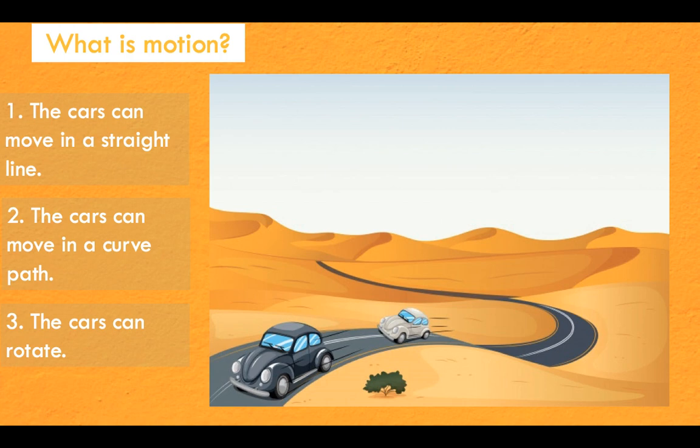All of these movements refer to us as motion. Motion is a change in the position of the object. Position here means the location of the object. As long as the object changes its position or location, we can say that it is in motion.